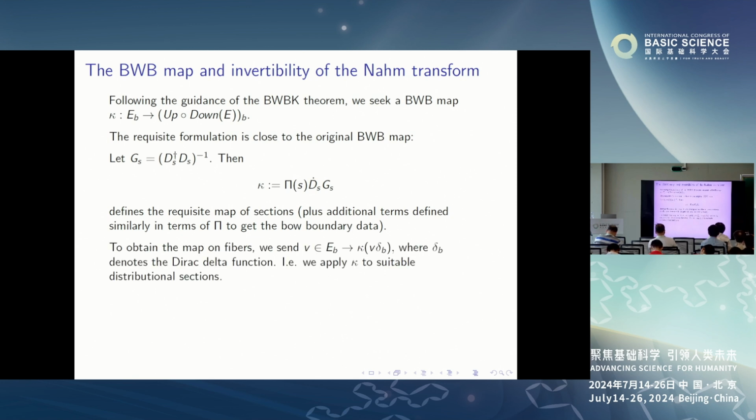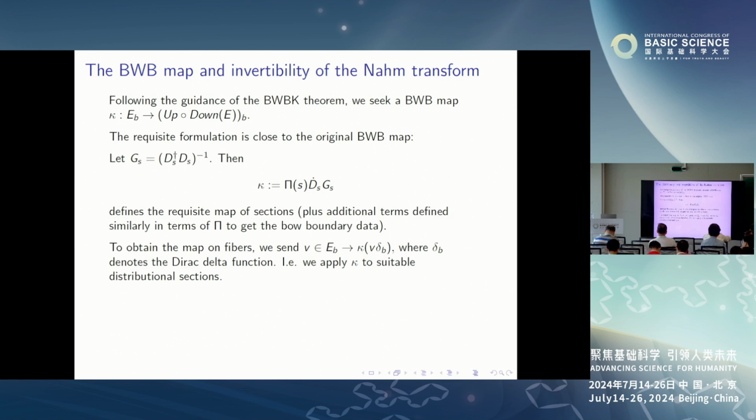So this, of course, is a map of sections, and we want a map of fibers. To pass from sections to fibers, if we want to understand where V goes, we take V and couple it to a Dirac mass at the point B in the fiber. So we're in fact applying kappa to suitable distributional sections.